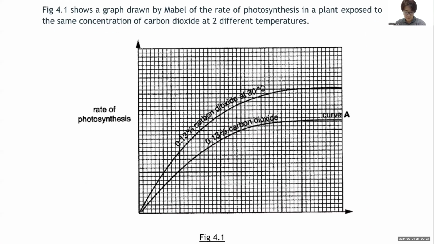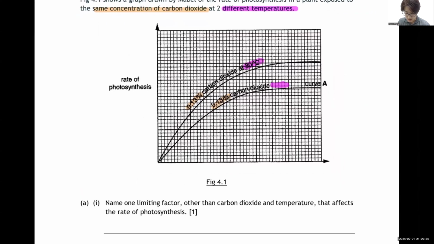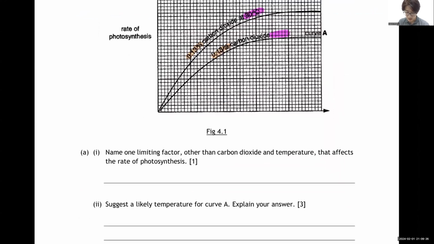Okay. So if you look at the graph over here, curve A, both are done at the same 0.13, different temperature. This one is 30 degrees Celsius. This one is something we have to fill in later on.